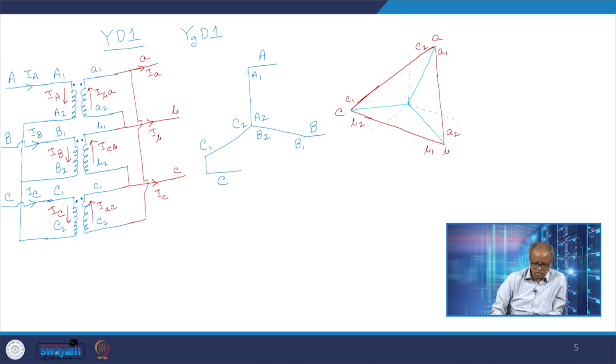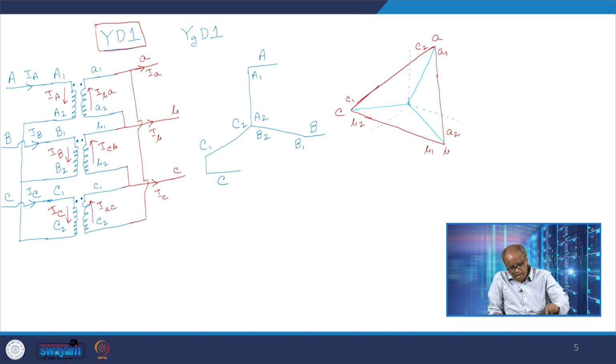So we are talking about YD1. Although it is almost similar to YgD1, the only difference is that there is no ground connection anywhere in the connection or in the vector diagram.